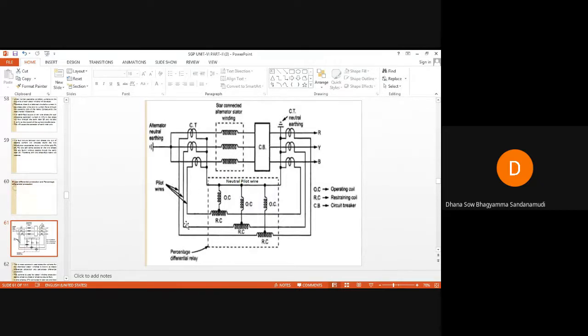The other ends of the secondaries of the CTs are connected via pilot wires. Whether it is neutral or not, both are the same. Since the neutral points are connected by a pilot wire, we have given it the name neutral pilot wire. That's all. There is no need to confuse neutral pilot wire and pilot wire.